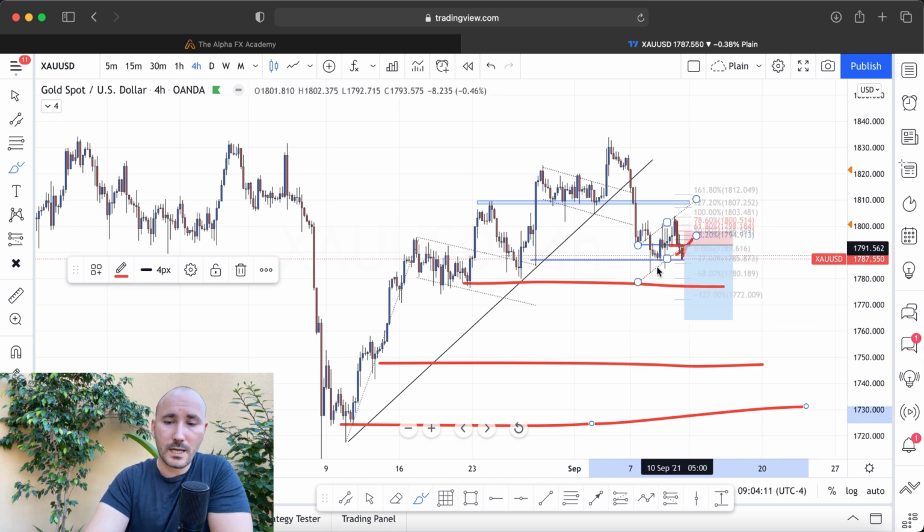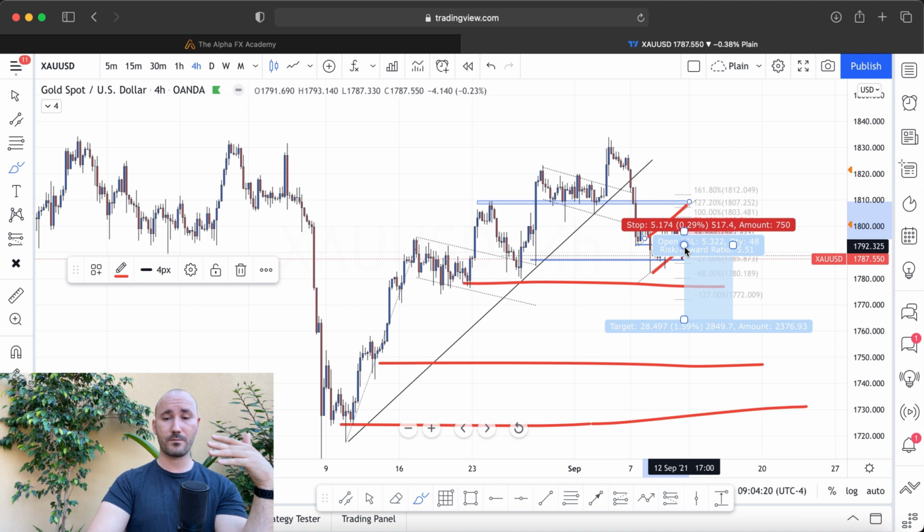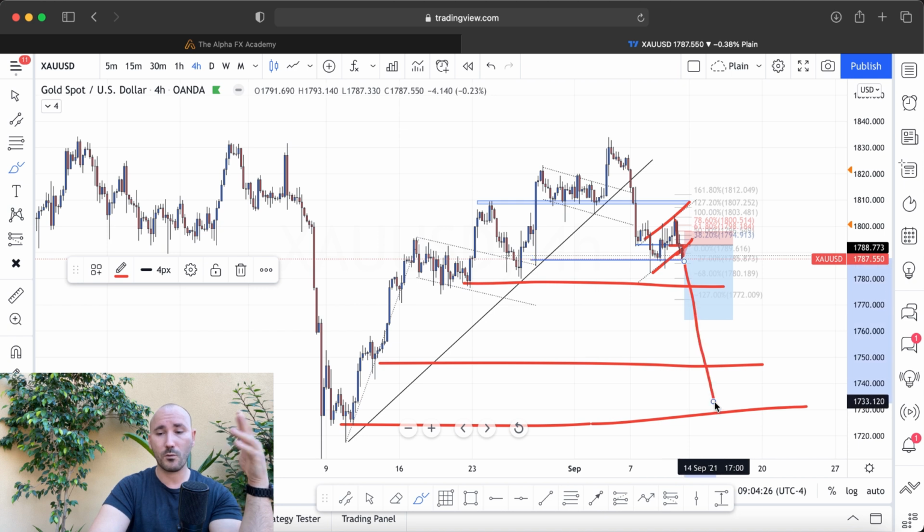So if you're looking at just this tiny bullish flag pattern or bearish flag pattern, guys, this is a bearish flag pattern because the price broke out from it. Where is the bottom? How far can the price drop? Well, it can drop all the way to 1700 or 1680 even.